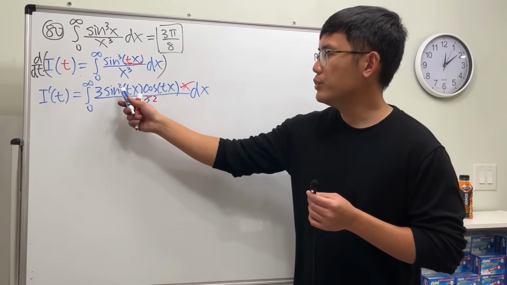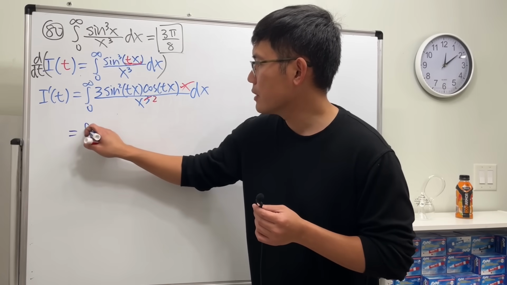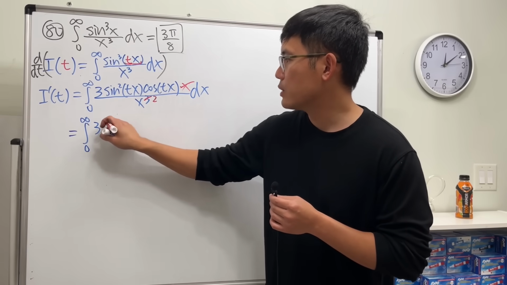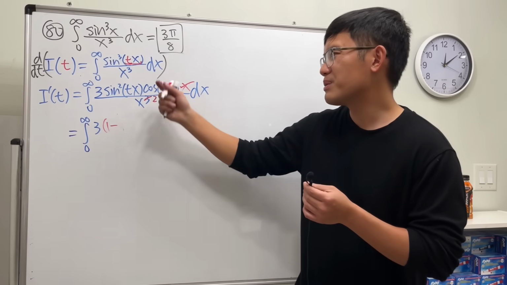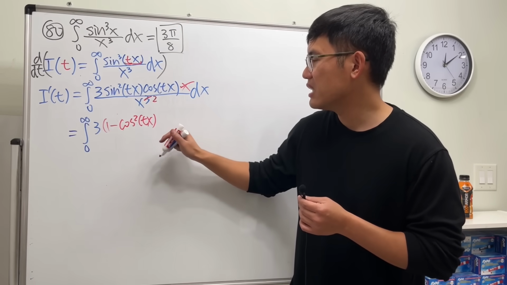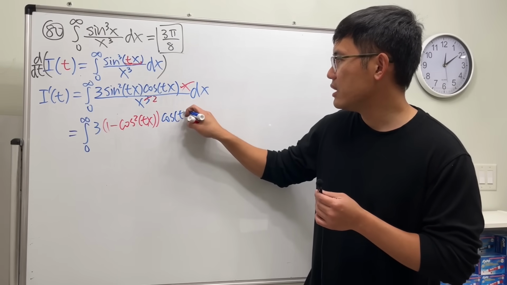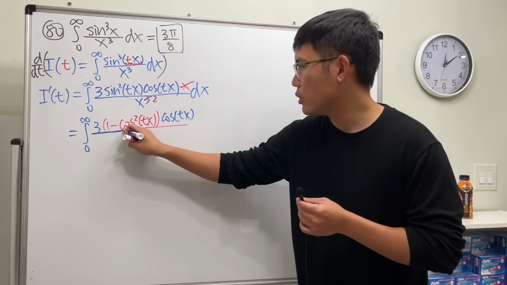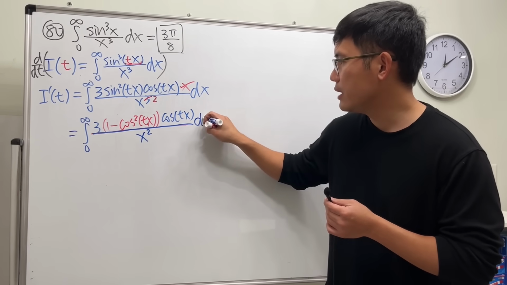Okay, I will use this, let's see. I'll use the identity for sine squared, I'll put this as 1 minus cosine squared. Alright, let's deal with cosine right now. Cosine squared of tx, and then cosine of tx over x squared dx.